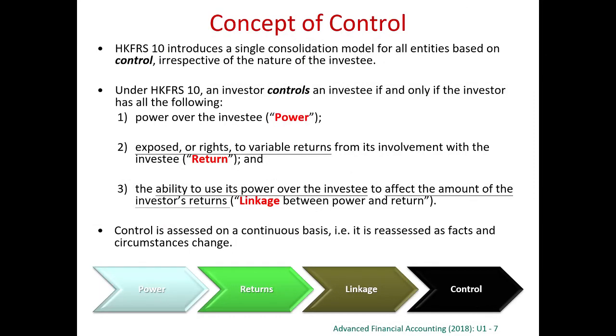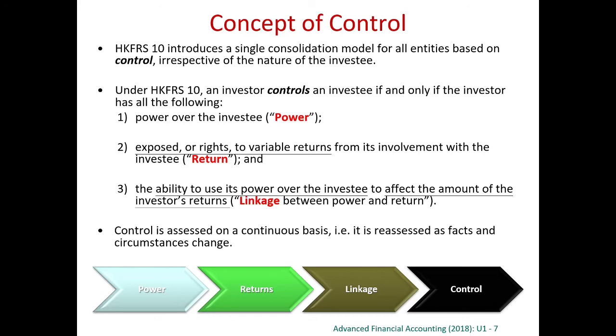So what is control? Basically, Financial Reporting Standard number 10 defines that an investor controls another entity if and only if the investor has got all three items: the power over the investee; the investor is exposed or has got the rights to a variable return from its involvement with the investee.